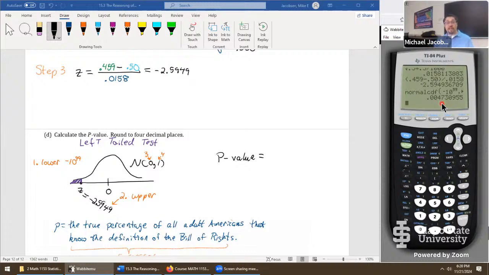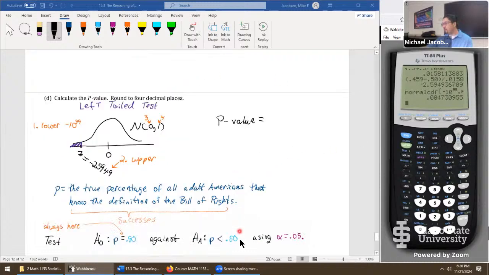0.0047. This is a very small p-value, so it looks like our data is even more significant than I was thinking initially. This is well below any alpha that we would typically put down, even 0.01. So we have 0.0047. Let's write down this next thought.